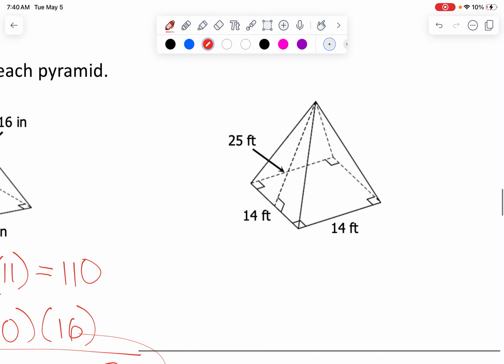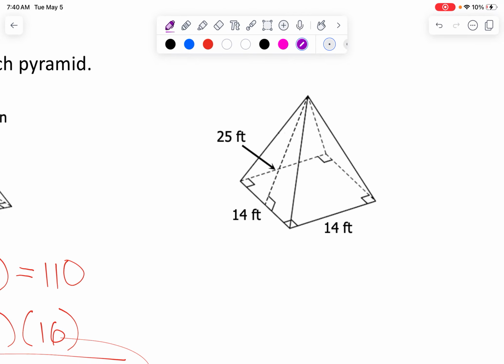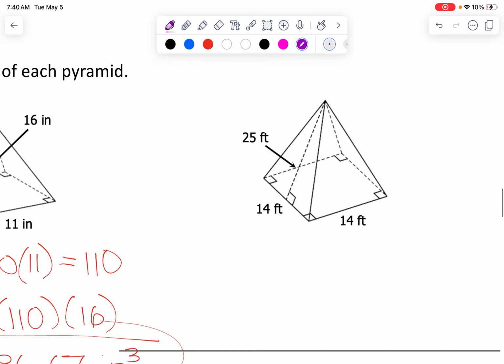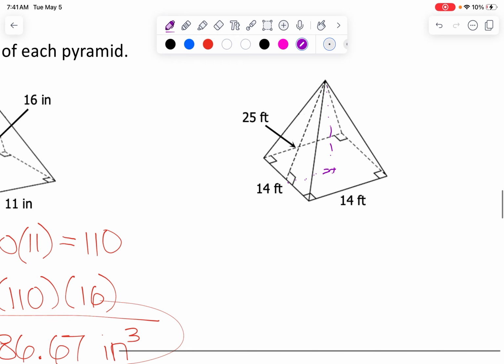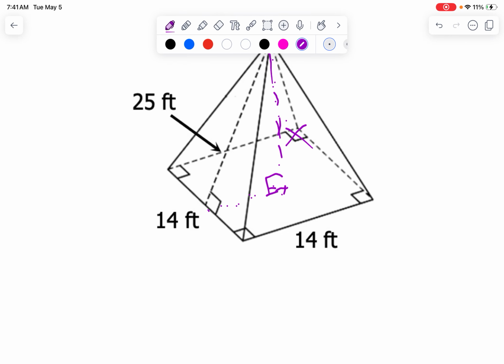All right, let's take a look at this one. One thing I notice here is I don't have the height. I don't have this distance right down the middle. That distance there should be the height.